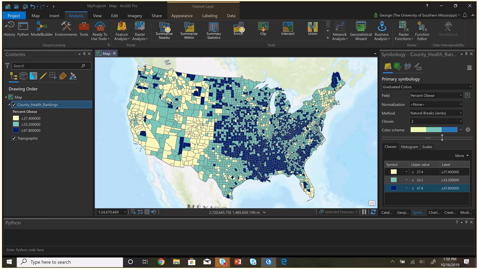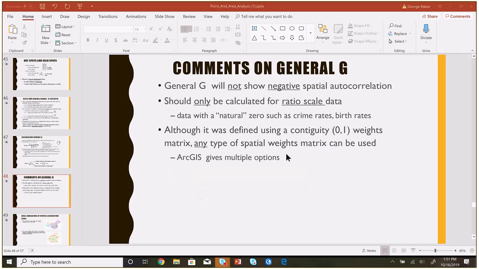That's simply a function of the fact that we're using counties, and counties are bigger out here than they are out here. But we were using distance, so that should be negated a little bit.